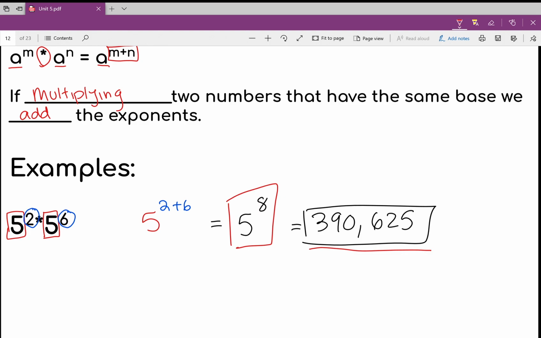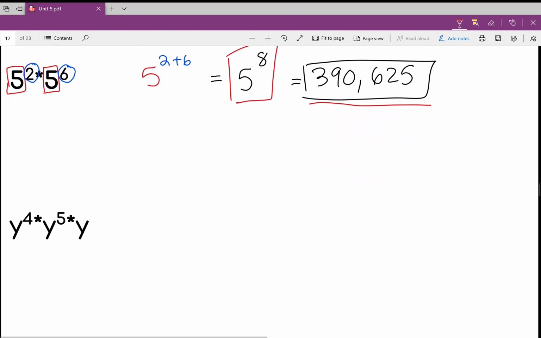Okay, let's look at example 2. Example 2 says y to the 4th times y to the 5th times y. So first we're going to check if we have the same base. Remember, our base is attached to the exponent, so we have y here and y here. So all our bases are y, so I'm going to write y. Now I'm going to look at the exponents.